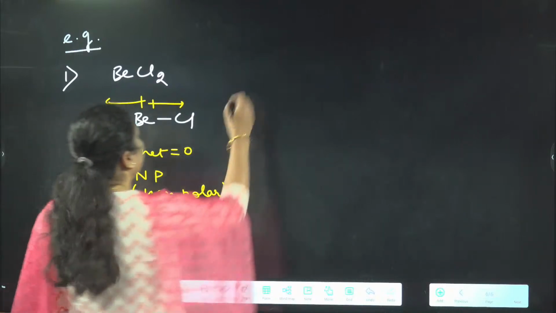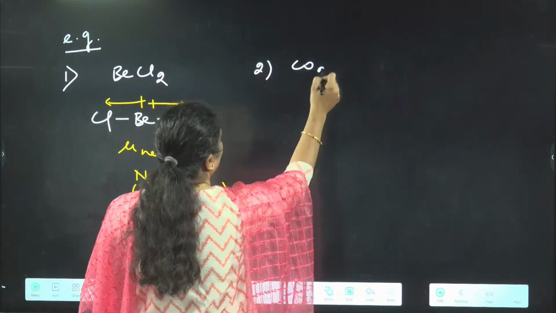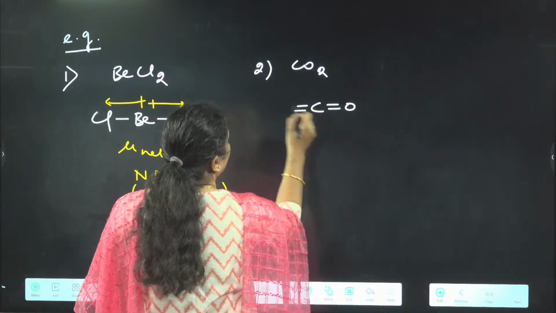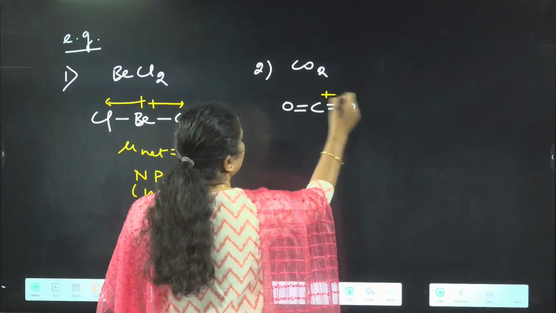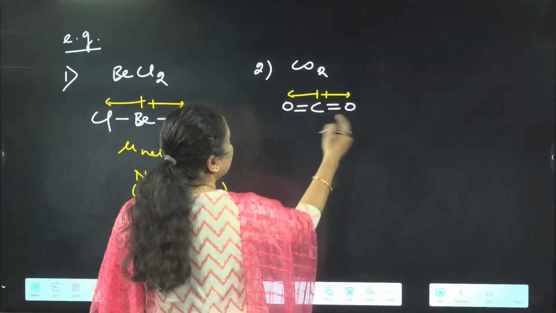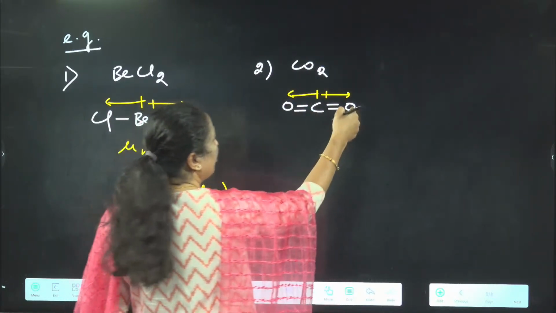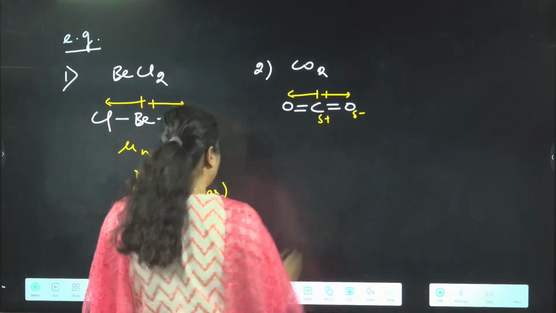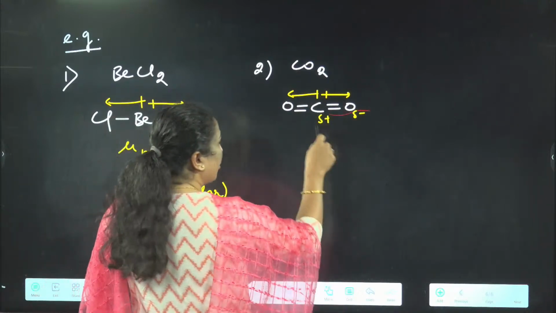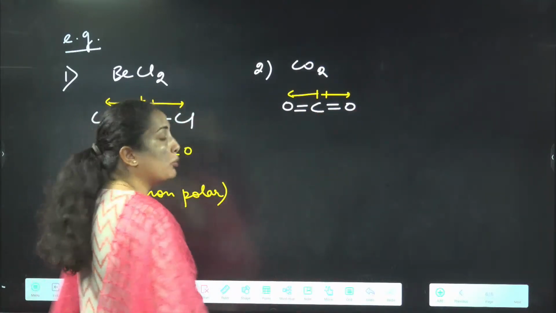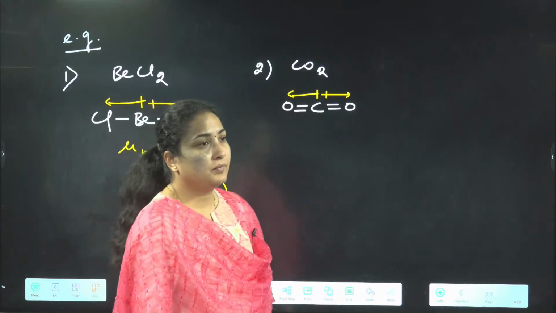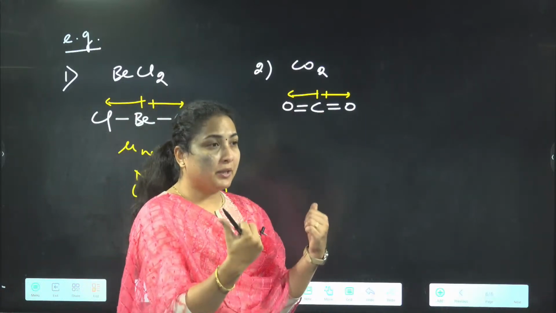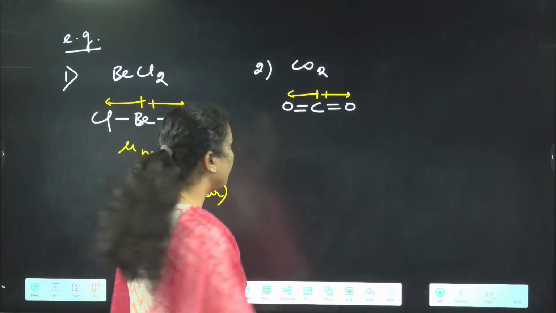Okay. Second one, suppose I write CO2. Are you able to see I'll be drawing the structure like this? Are you able to see the polar bond is there? Polar bond in the sense this is more electronegative, so I'll be able to write delta minus, delta plus like that. Polarity is there, but overall the molecule is non-polar. Why is it non-polar? Because of the placement or orientation of these two dipole moments.